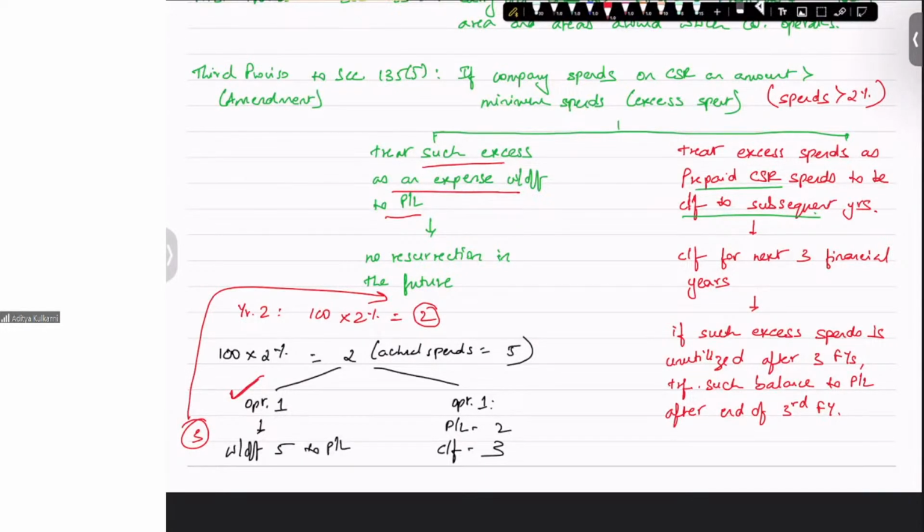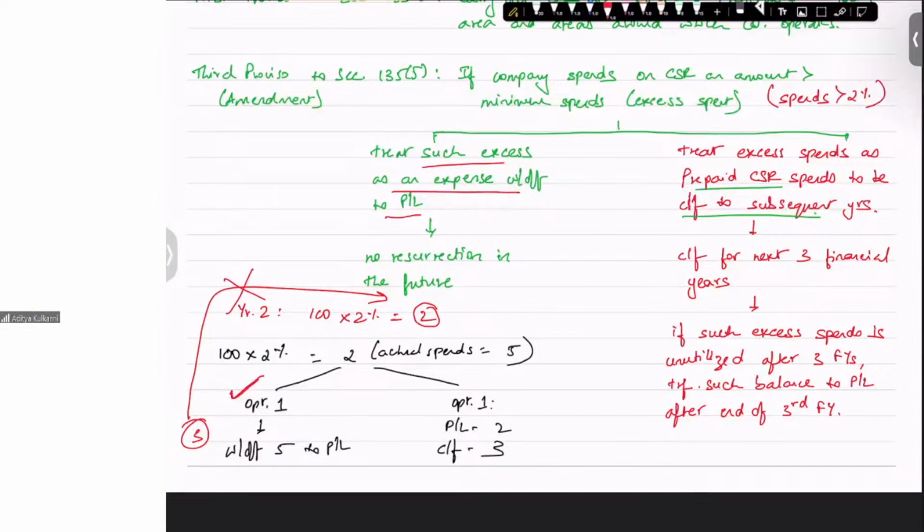Because you've already made an option in year 1 that you will write off the entire amount to the P&L. When you made that option, you obviously cannot go back on it. It is an option that was made once and it is irrevocable. This utilization is not permitted.